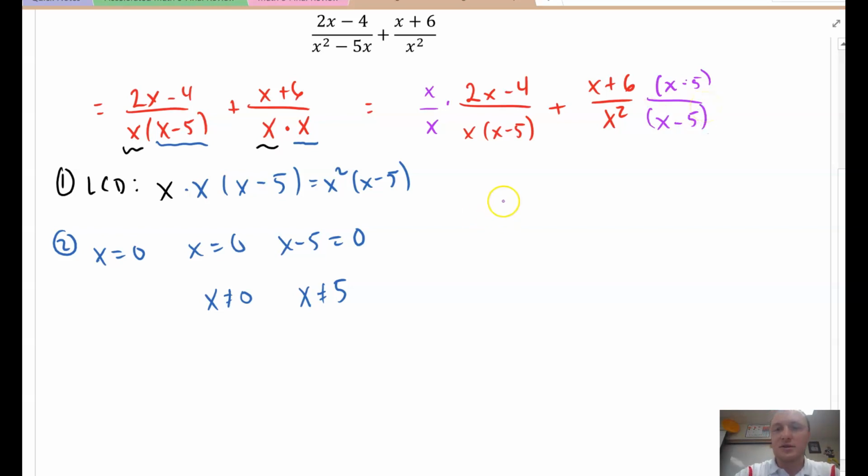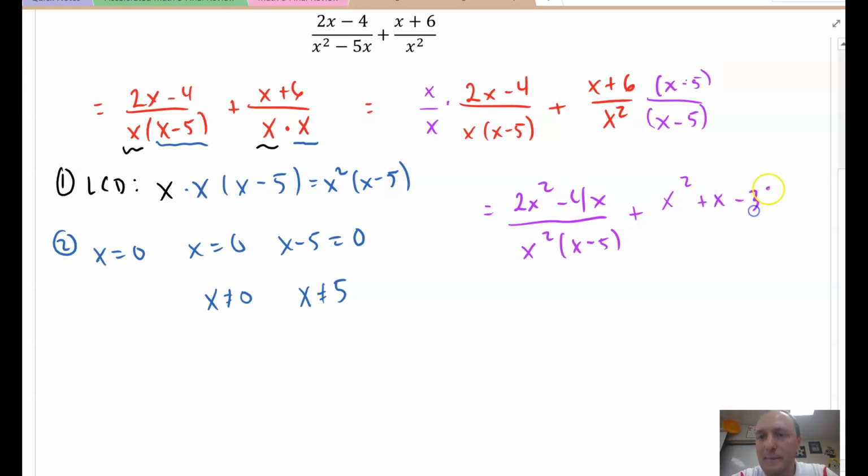So this gives us 2x squared minus 4x over our denominator, x squared times x minus 5, plus, and over here we get x squared. That's a plus 6 and a negative 5. That's going to be a positive x minus 30, over x squared times x minus 5.